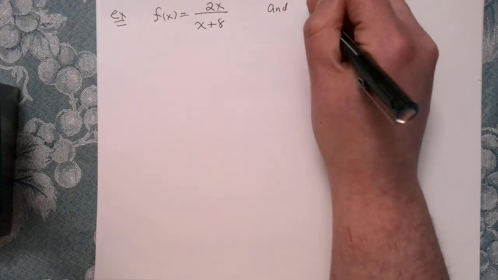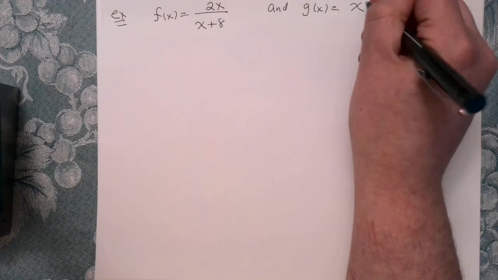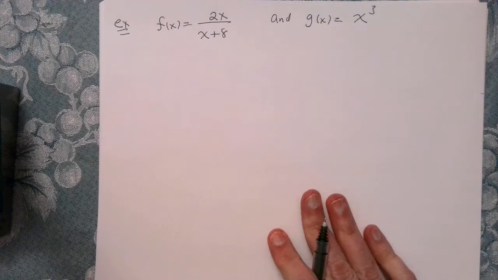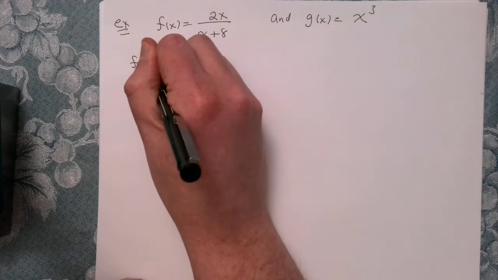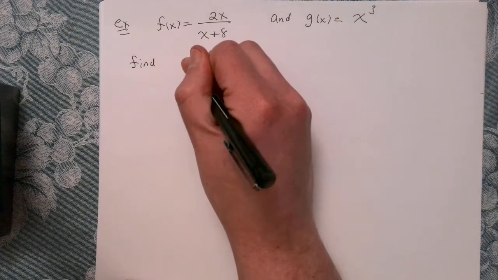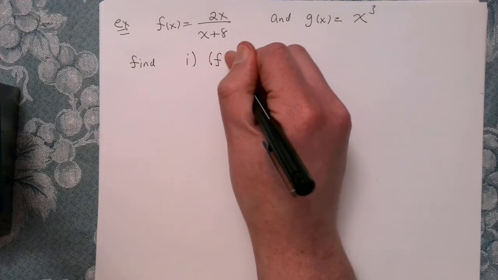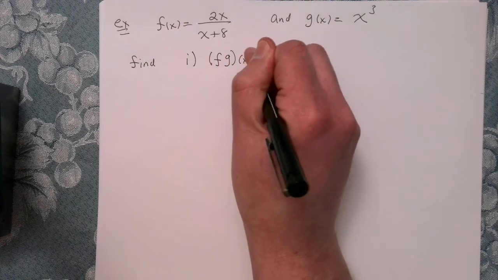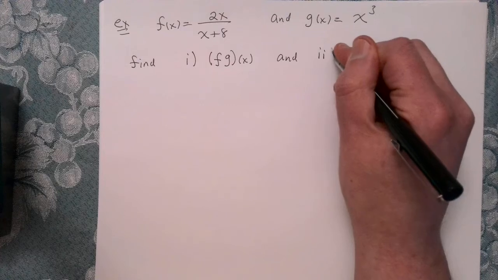And let's say g of x is equal to, let's say, x cubed. And so again, let's find, maybe not all four, let's find the product function and the quotient function and their corresponding domains.